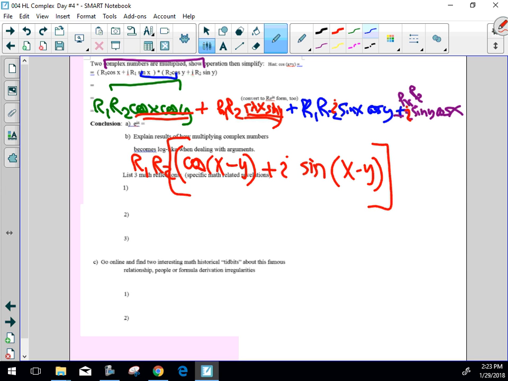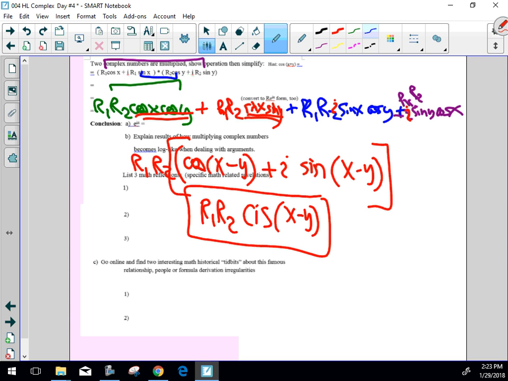So what this is, did I do something wrong? I think that's right. This can be simplified to something called cis form of X minus Y. Something is bugging me about this.